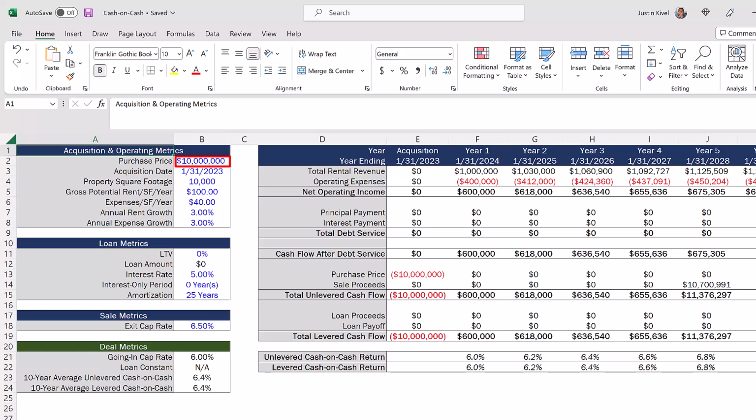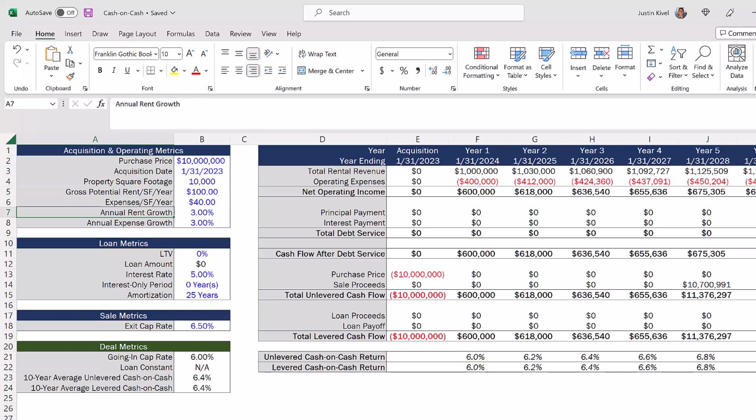And to show you an example of this in action, if we take a look at a deal purchased for $10 million at a 6% cap rate, if we calculate the cash on cash return on an unlevered basis or without debt, we also get a cash on cash return of 6% on the deal.